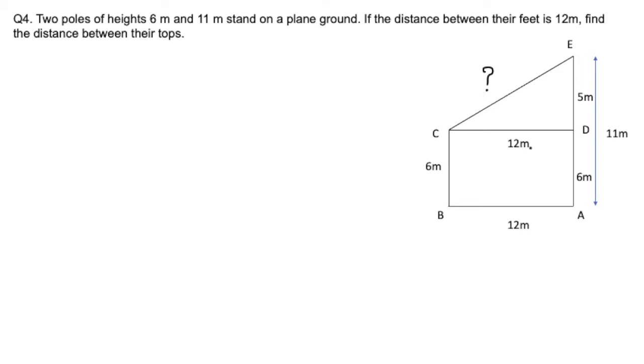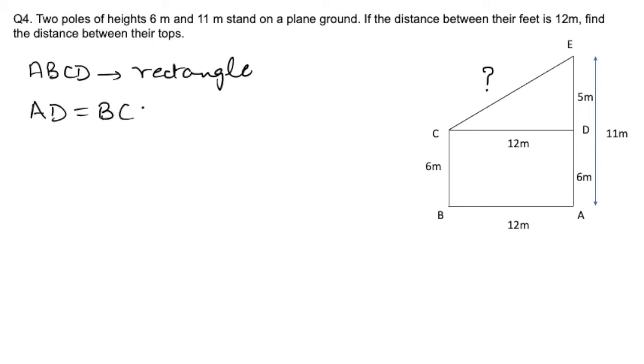So in this case, if you see clearly, ABCD is representing a rectangle. So since ABCD is representing a rectangle and in a rectangle the opposite sides are equal to each other, so that means the length of AD will be equal to BC, which is equal to 6 meters, and the length of AB is equal to 12 meters, which can also be represented for CD.